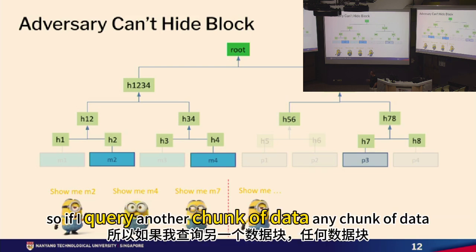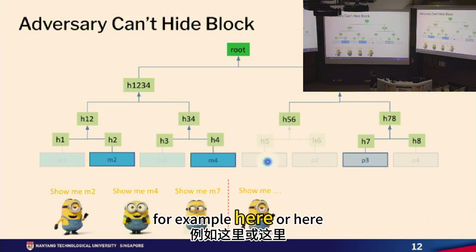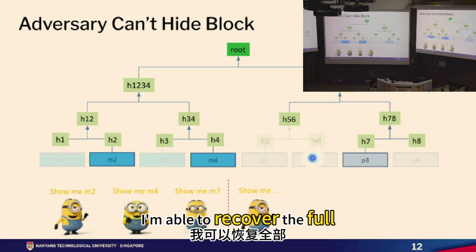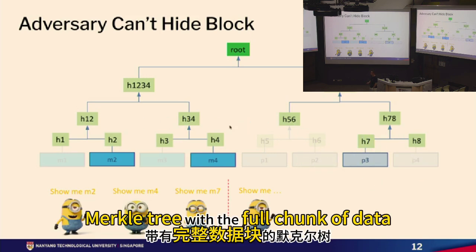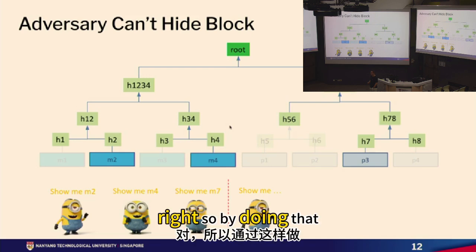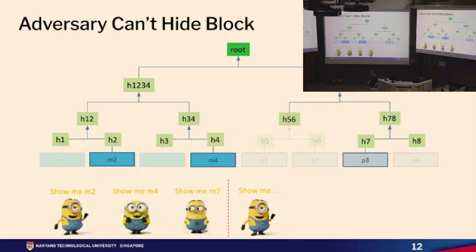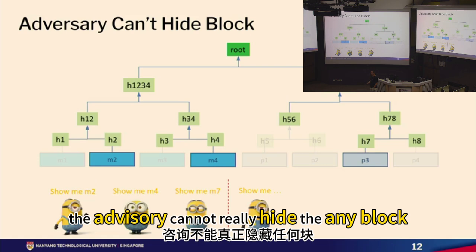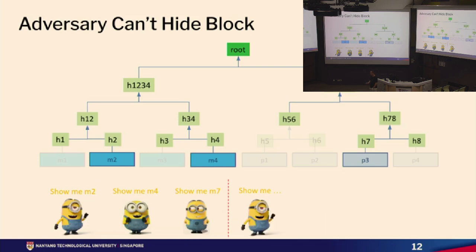So if I query another chunk of data, any chunk, for example, here or here, I'm able to recover the full Merkle tree with the full chunk of data, right? So by doing that, the adversary cannot really hide any block.